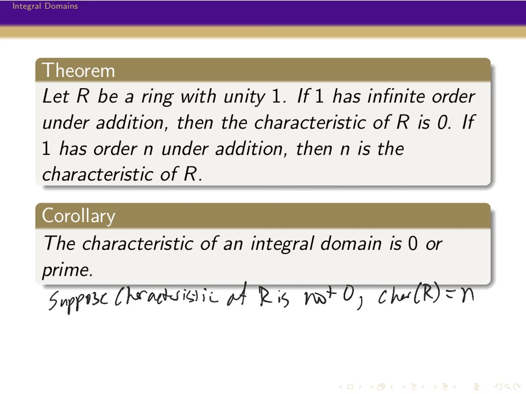And let's suppose we have some positive integers L and K such that L times K equals n. So these L and K are both greater than 0.